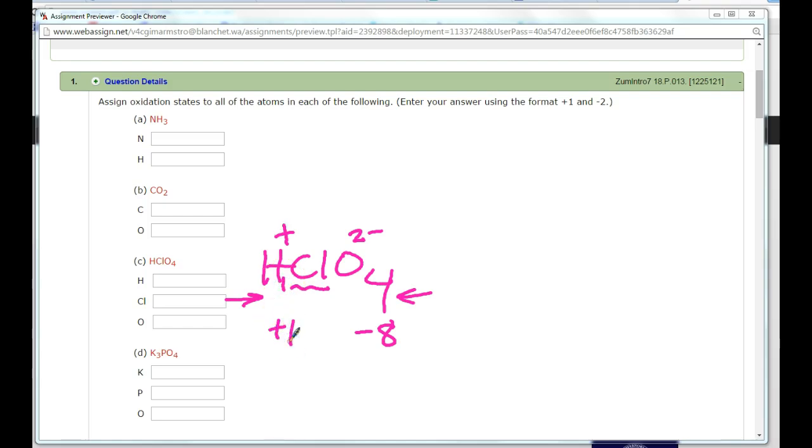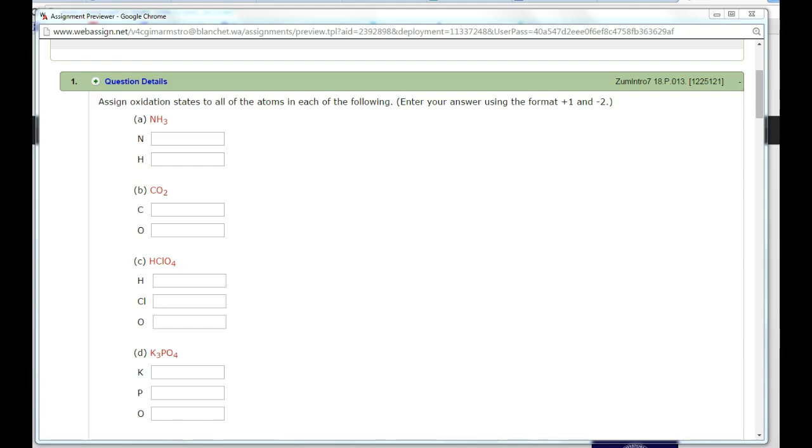So I think in my head, what must that chlorine be to cancel these two numbers? And it must be a plus 7. A plus 7 and a plus 1 would be a plus 8, which would then negate that. So we have a plus 1, a plus 7, and a 2 minus. And you can write that as 2 minus or minus 2. Either way works just fine.